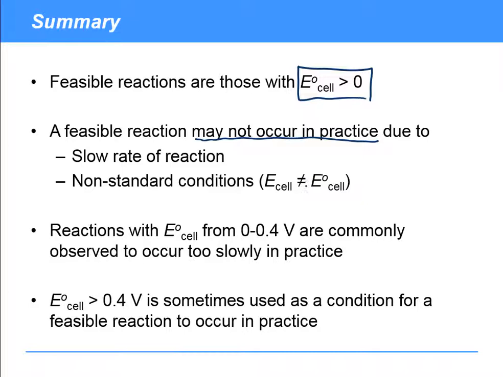So if E cell is not equal to E standard cell, then you could end up with a reaction not being feasible. So essentially E cell is less than 0, even though E standard cell was bigger than 0.